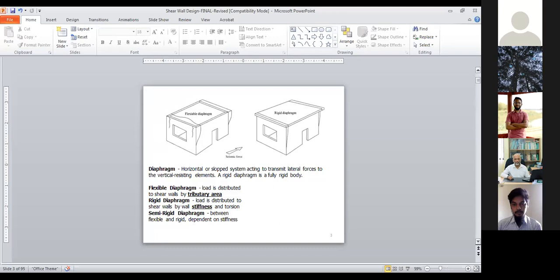Flexible diaphragm, normally we don't use. Most of the time we use the rigid diaphragm. Of course, you can use the flexible diaphragm, and at that time, depending on the stiffness of the different locations of the collection system, the shear force will be transferred to the shear wall system according to the stiffness of the walls.